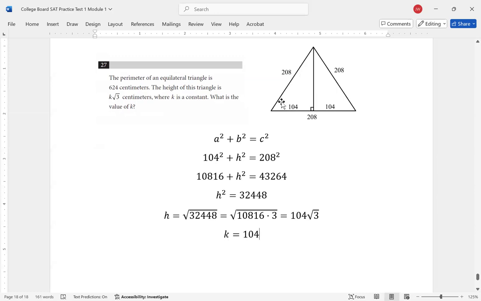So equilateral triangle has angles which are, since all angles add up to 180 degrees, the angles would be 60, 60, and then each of these little pieces would be 30. And so that means that we have a 60 degree, 30 degree, 90 degree right triangle. And we can actually use that too if we wanted to find the length of this leg or the length of this base.